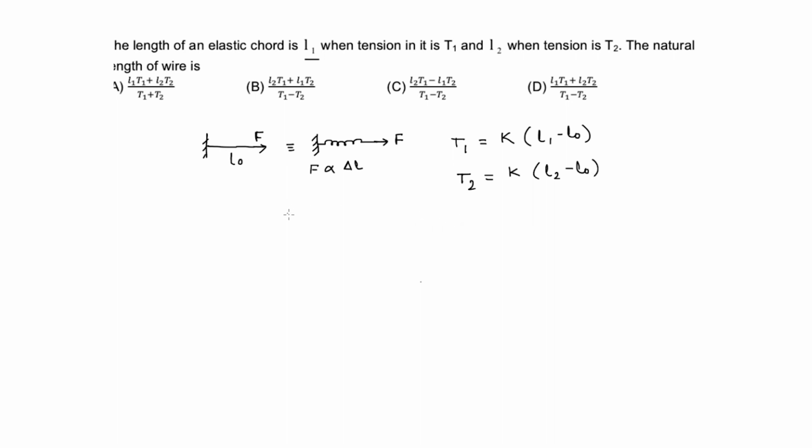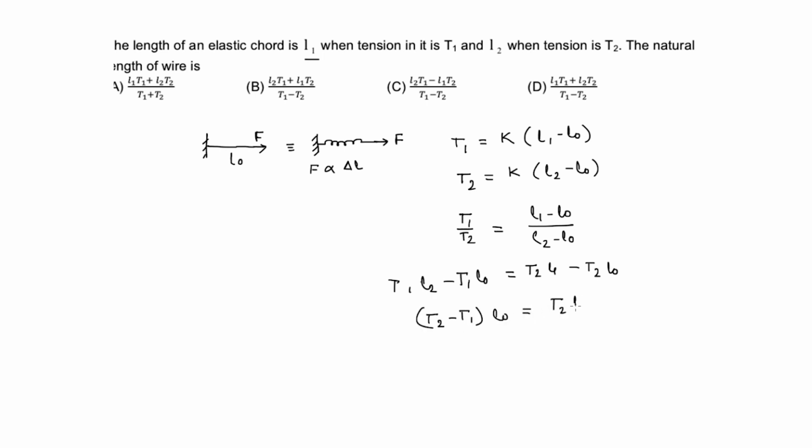If I try to solve it, I will first divide T1 by T2, and that will become L1 minus L0 by L2 minus L0. Cross multiply it: T1 L2 minus T1 L0 is equal to T2 L1 minus T2 L0. Take L0 to one side, you will find T2 minus T1 into L0 equal to T2 L1 minus T1 L2.